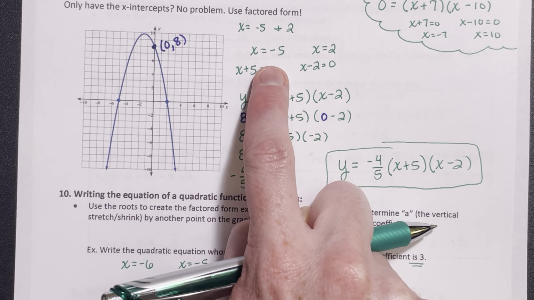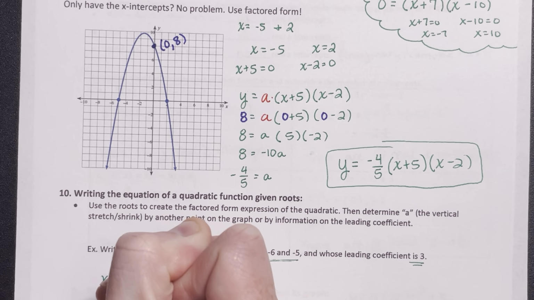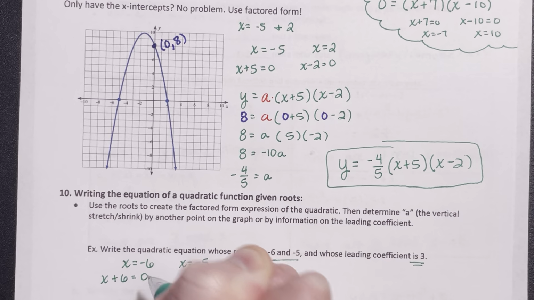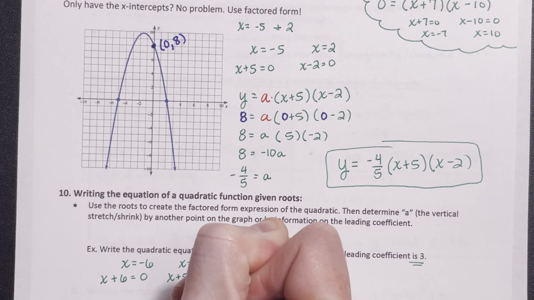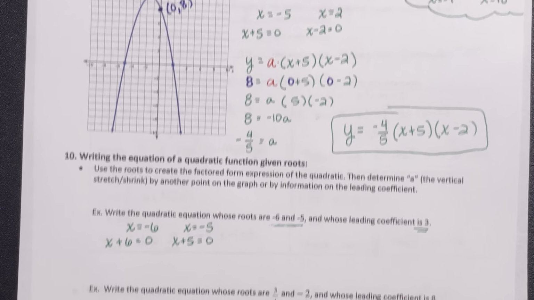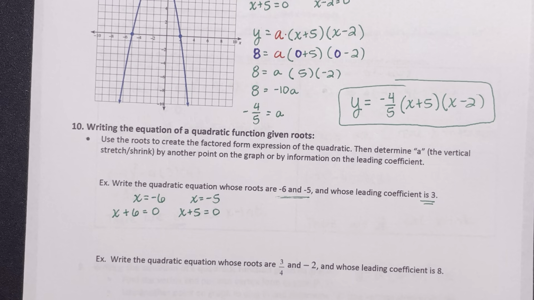We know an x-intercept is -6 and -5, so I can set them equal to 0 by moving the 6 over, adding it to the other side. I can move the 5 over, add it to the other side, and they're both equal to 0. Those are the two factors that we would have used for the zero product property.